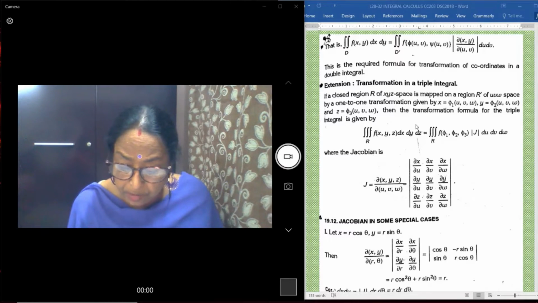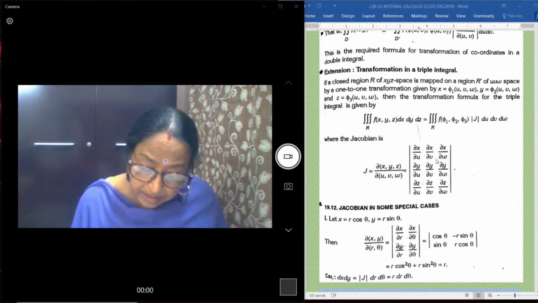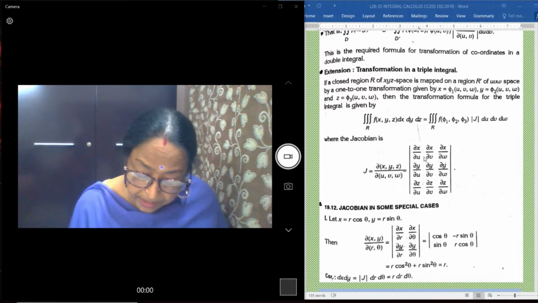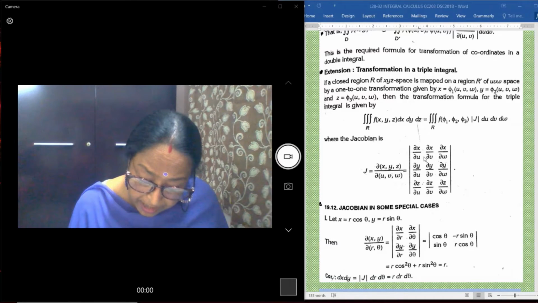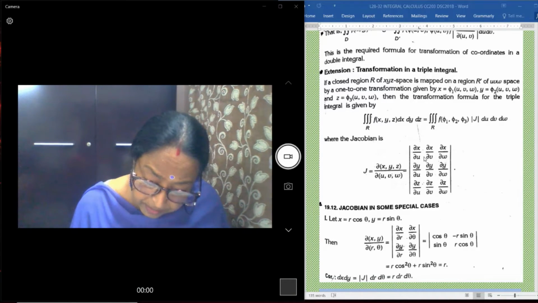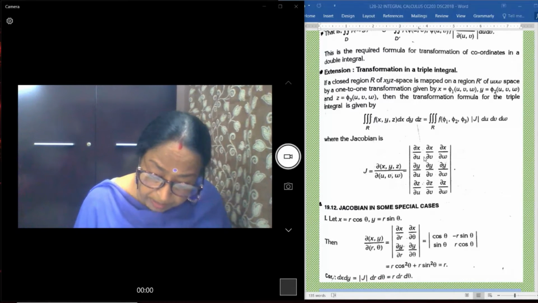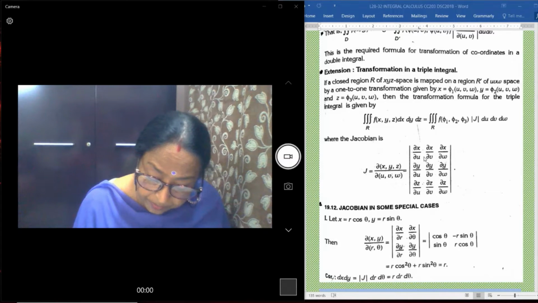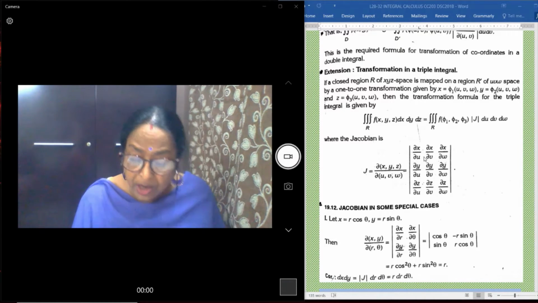So when we put x equal to r cos theta and y equal to r sin theta, del (x, y) divided by del (r, theta) can be written as a determinant with del x by del r, del y by del r, del x by del theta, and del y by del theta.